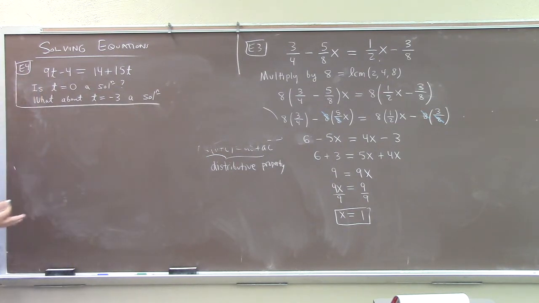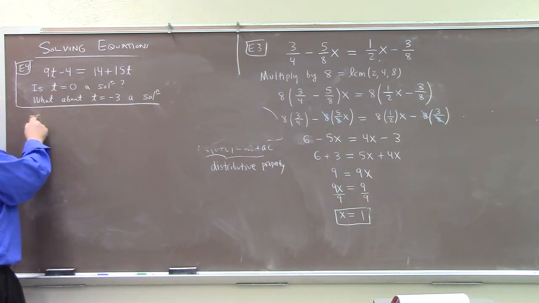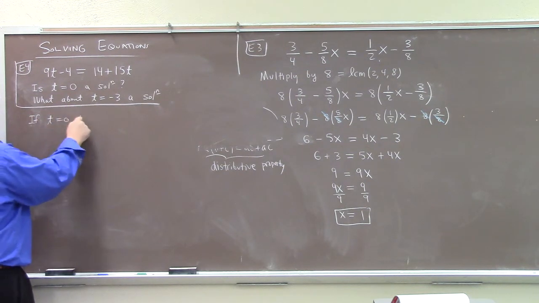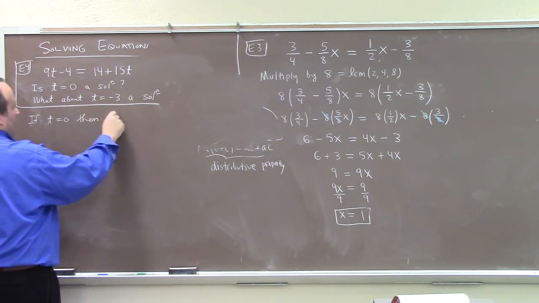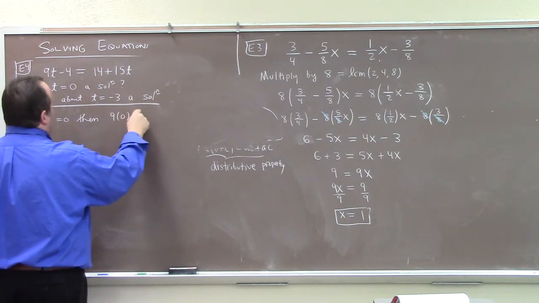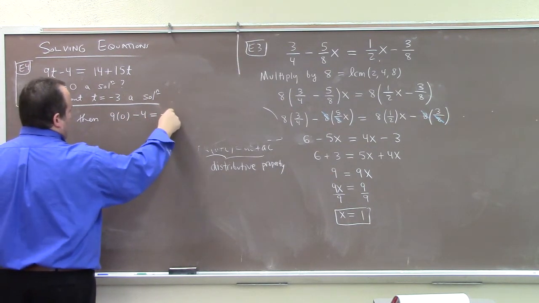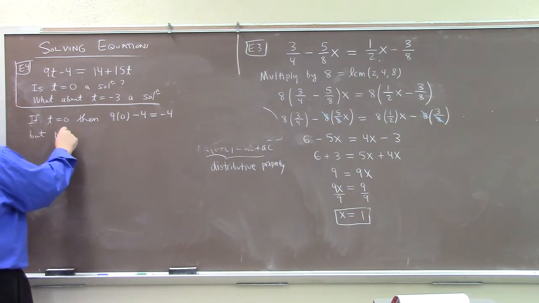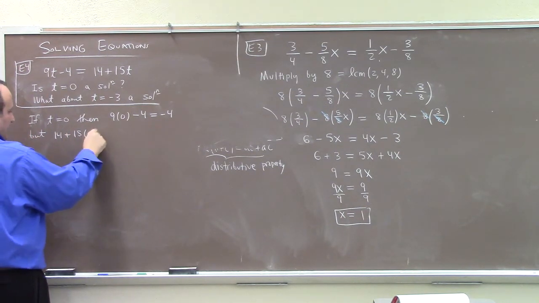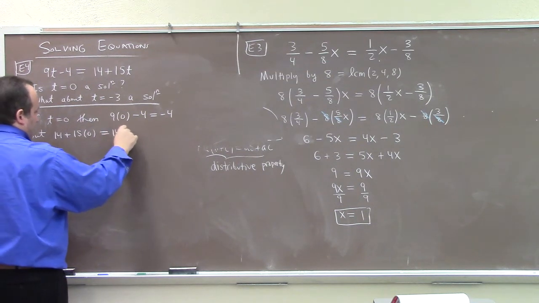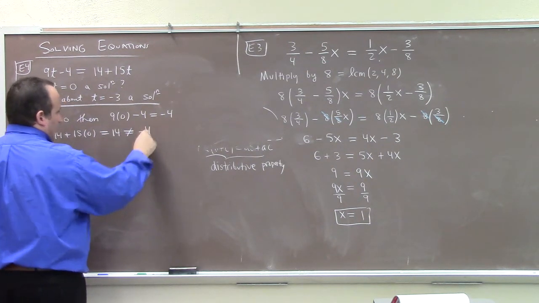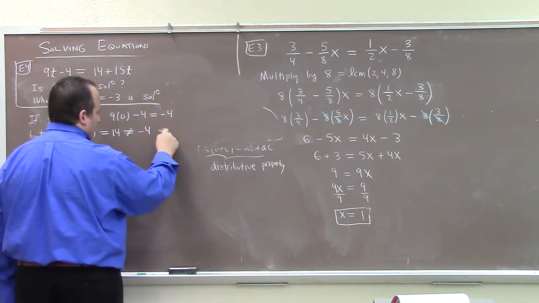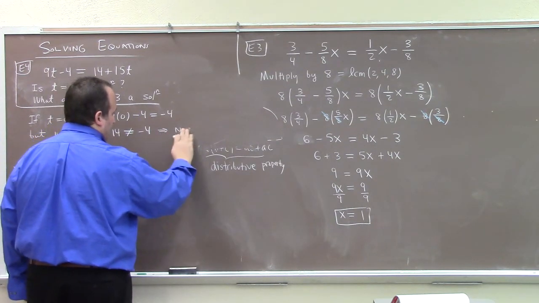So to answer question number 1, is 0 a solution? Well, if t equals 0, then 9 times 0 minus 4 is equal to minus 4, but 14 plus 15 times 0 is equal to 14, which of course is not equal to minus 4, so not a solution, right?